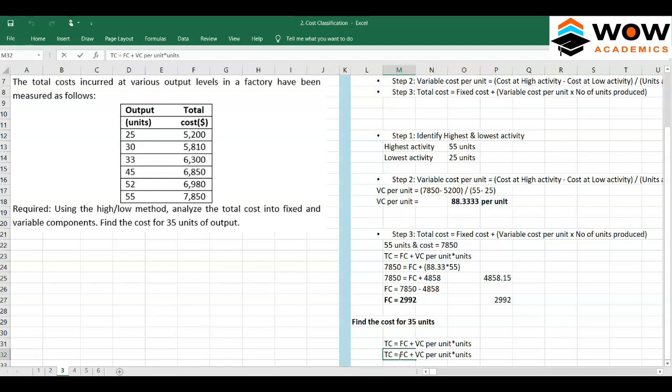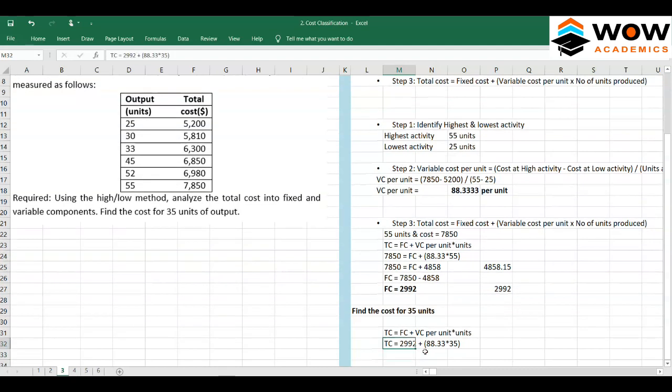So fixed cost is 2992, variable cost per unit is 88.33, and number of units is 35. We want to find out the cost for 35 units. So let's get the number.